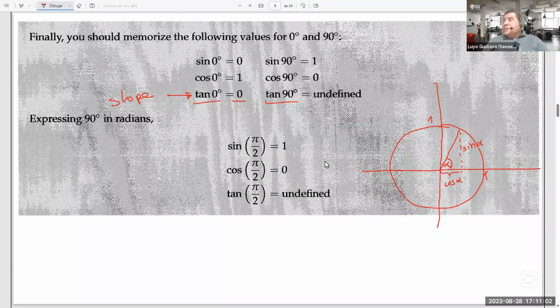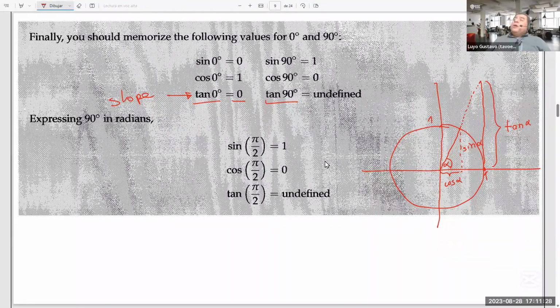And what is the tangent? You draw a tangent perpendicular line or segment to the circle in that position, in this point, and then prolong the radius. Okay, this value here will be the tangent, right?